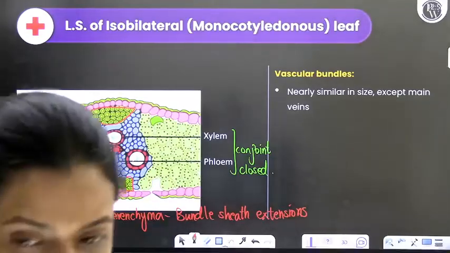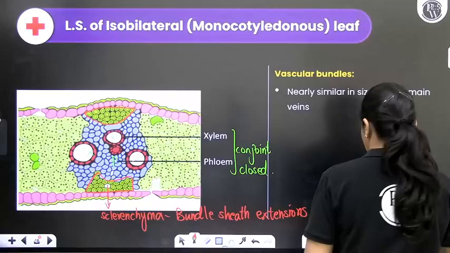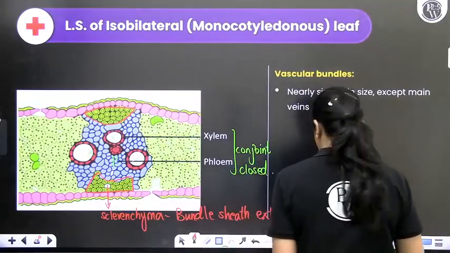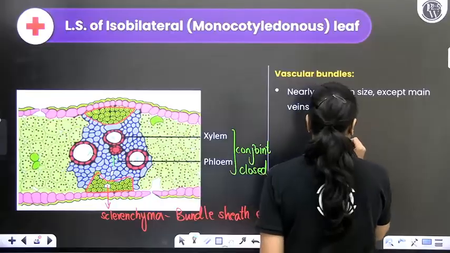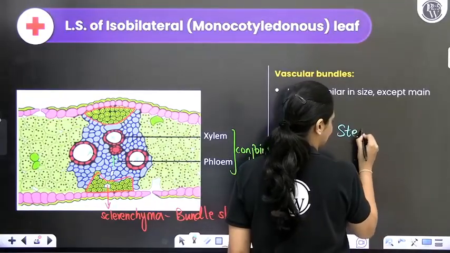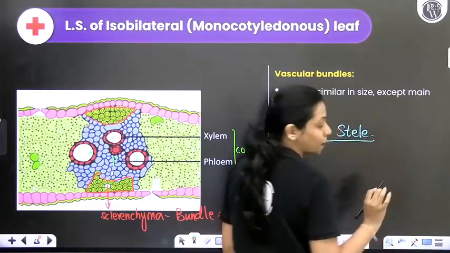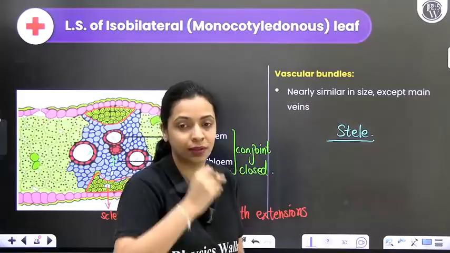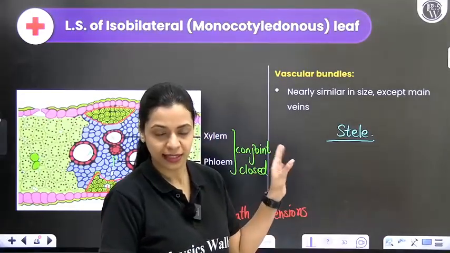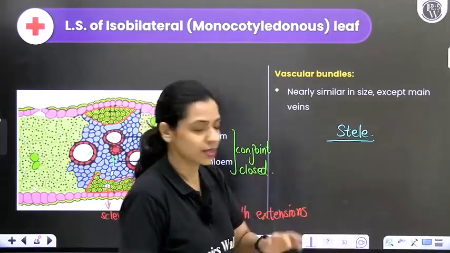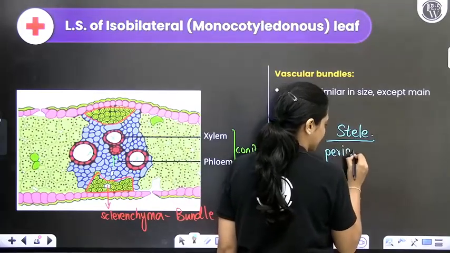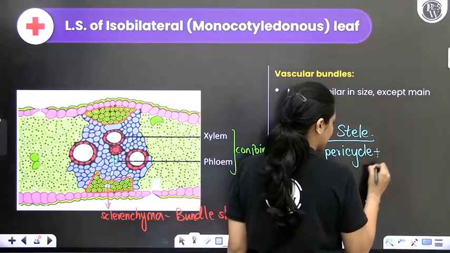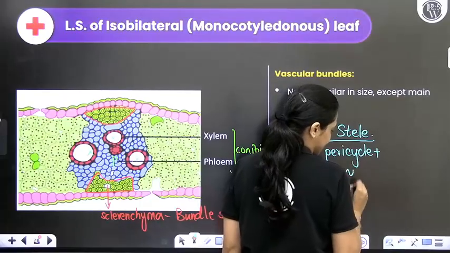Oh yeah, I just realized that I have not told you what stele is. Okay, so I'll tell you what stele is. Stele, not like S-T-E-E-L steel, S-T-E-L-E stele. This stele is all of the tissues that includes pericycle plus everything inside it.